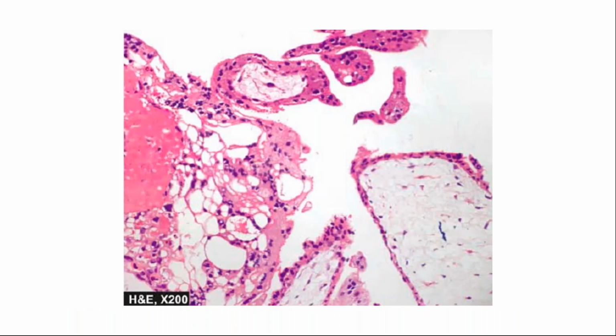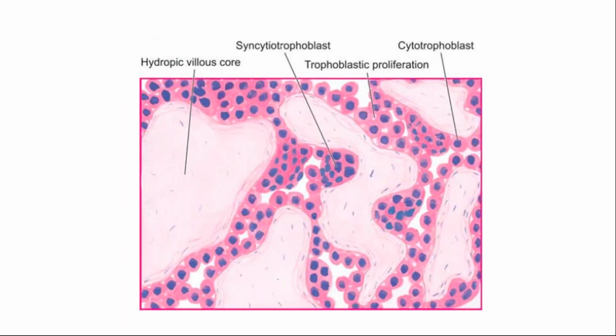So this is the histopathology. On the left side of the corner, you are seeing the hydropic part, and the rest are the trophoblasts. So this is the diagram. You should take a screenshot and draw it in your records.